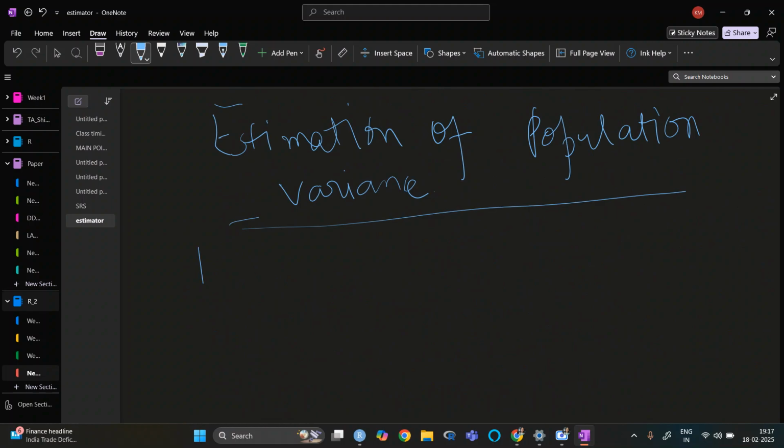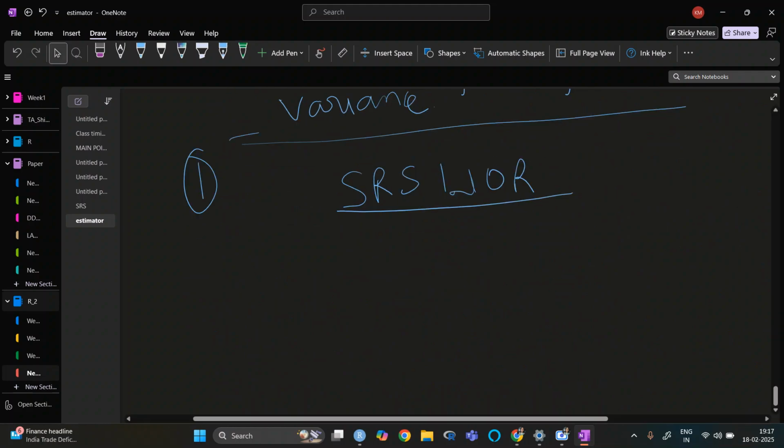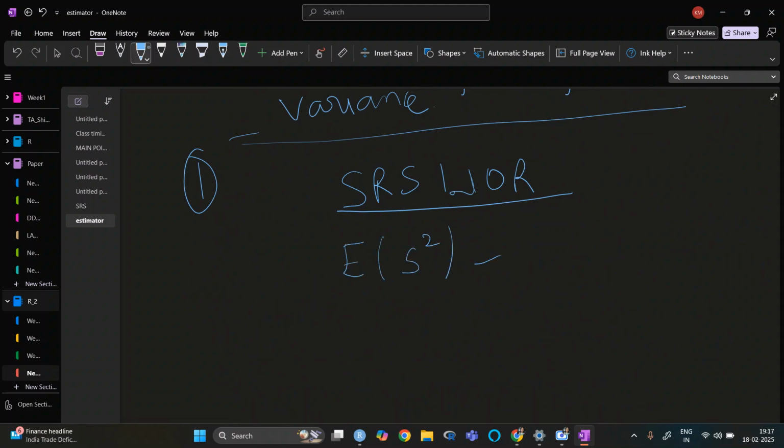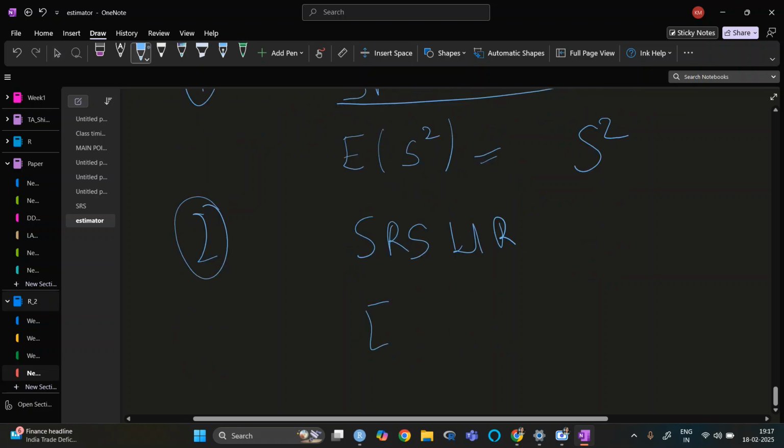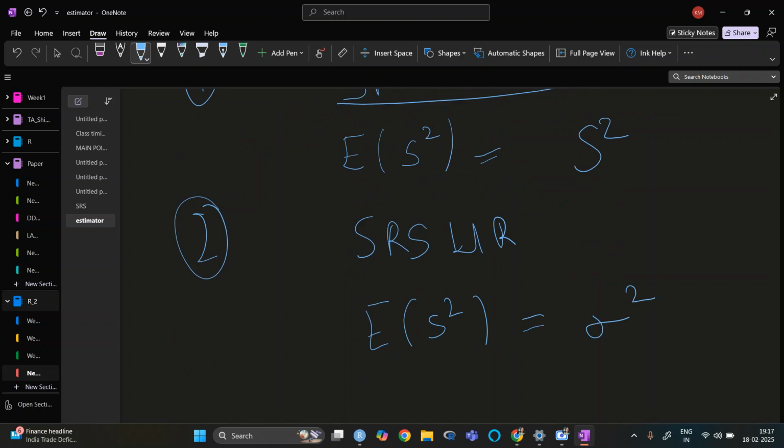Let me see case one, which is SRSWOR. When we have SRSWOR, the estimation of S square: E of s square is basically S square, and if we see SRSWR, then the expectation of s square is sigma square.